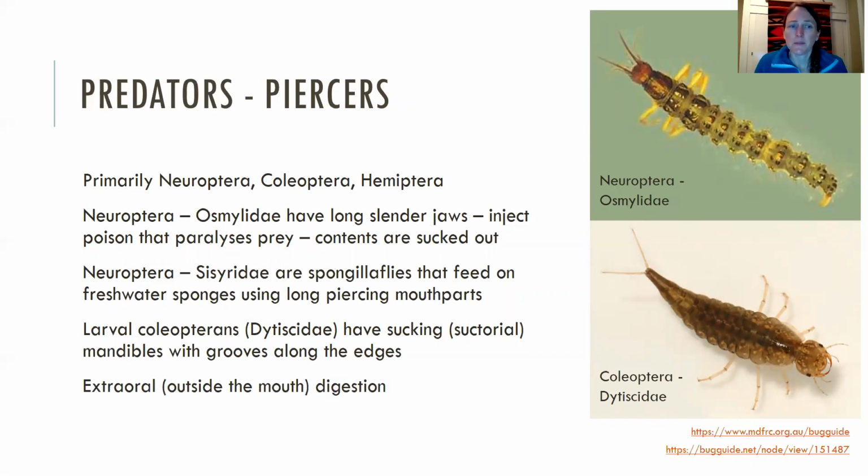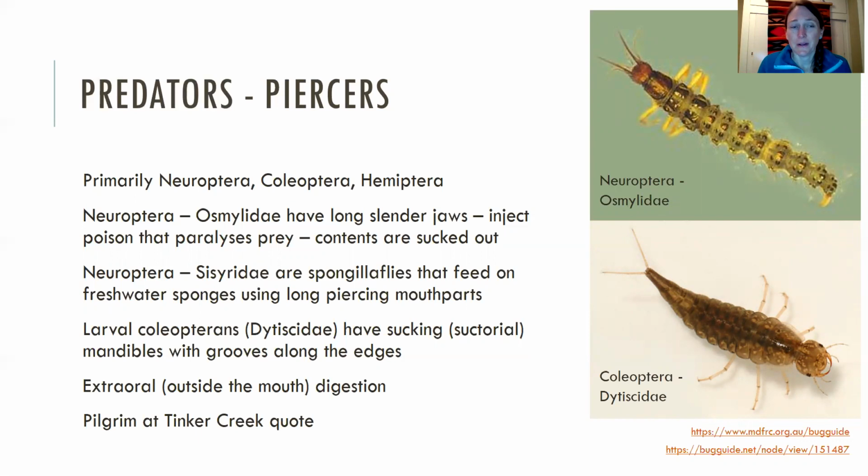Most of these organisms participate in what's called extraoral digestion. So they're not digesting their prey in their body or in their mouth or their stomach. They're actually doing it outside of their bodies, by pumping some kind of toxin in that liquefies their prey, and then they suck it back out. Kind of gross, like a smoothie.